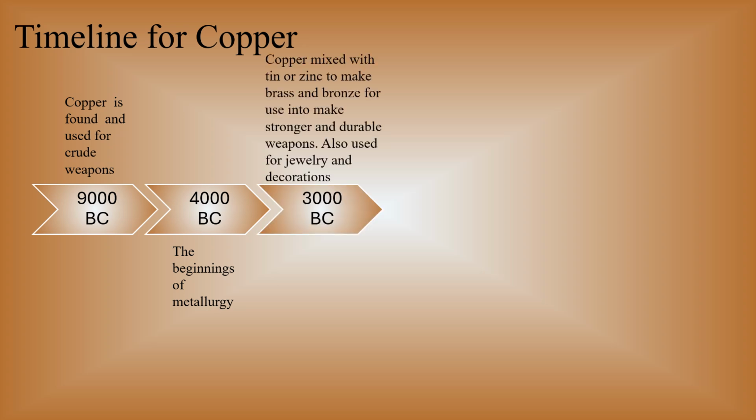In 3000 BC, we see copper being used more with the alloys because metallurgy is being refined, and it is used for jewelry and decorative pieces. Also, any weapons that were made are sturdier and more durable.